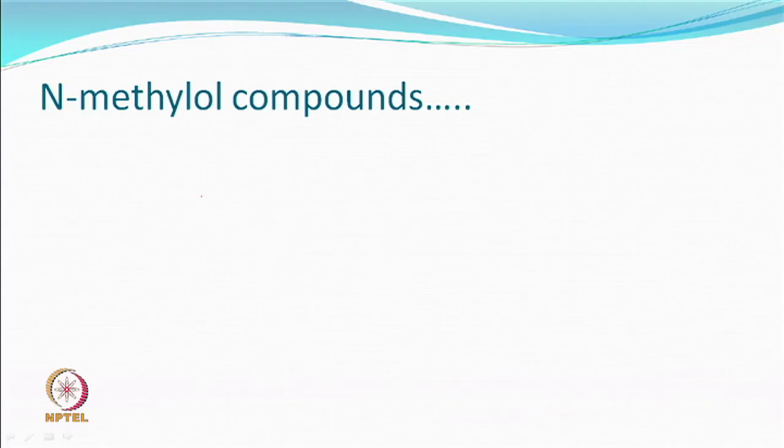Of course, there are other compounds than these also which people have used for cross-linking purposes. So, N-methylol compounds. The first such compound which somebody produced was from urea. So, you have simple urea, and you have dimethylol urea, which meant a molecule like this.